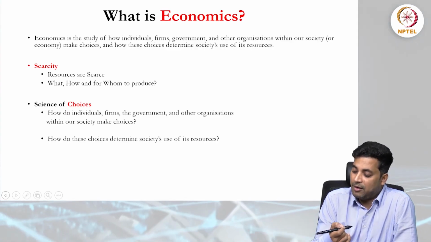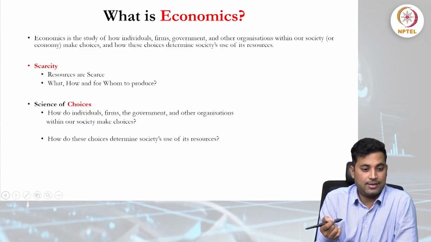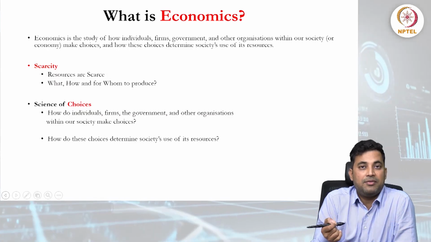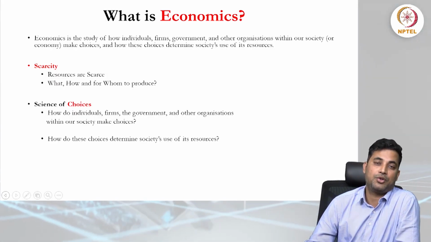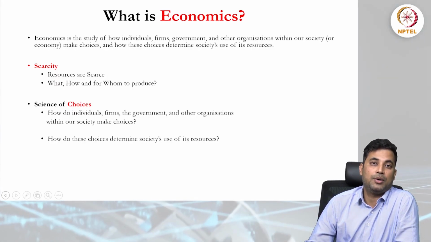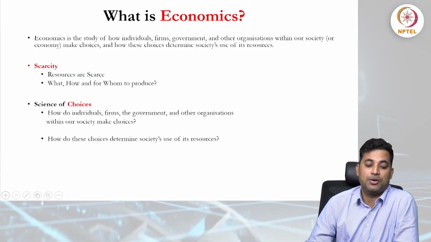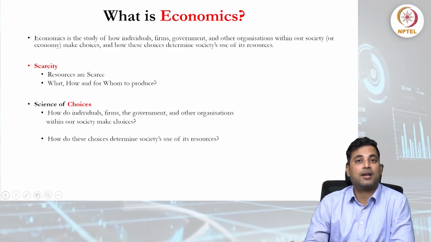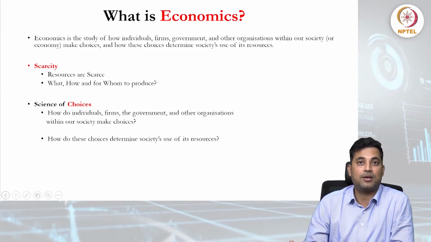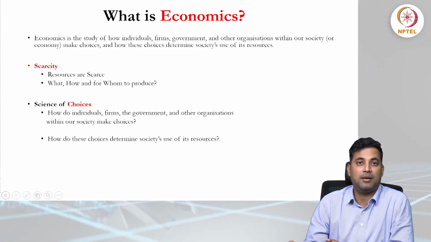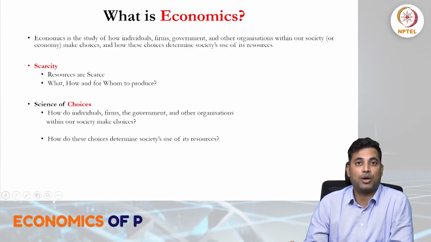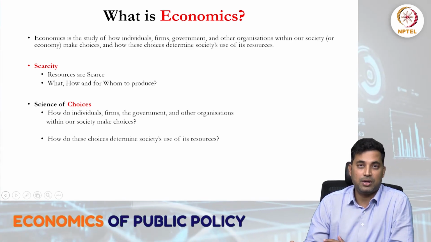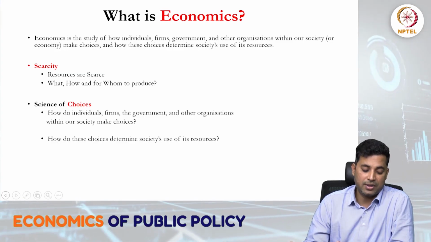Similarly, even for the choices, that becomes very difficult because you have to make a very scientific choice to choose one commodity over the other, and therefore economics is called the science of choices. Very mechanically and methodically you have to decide what to choose and what not to choose to produce.